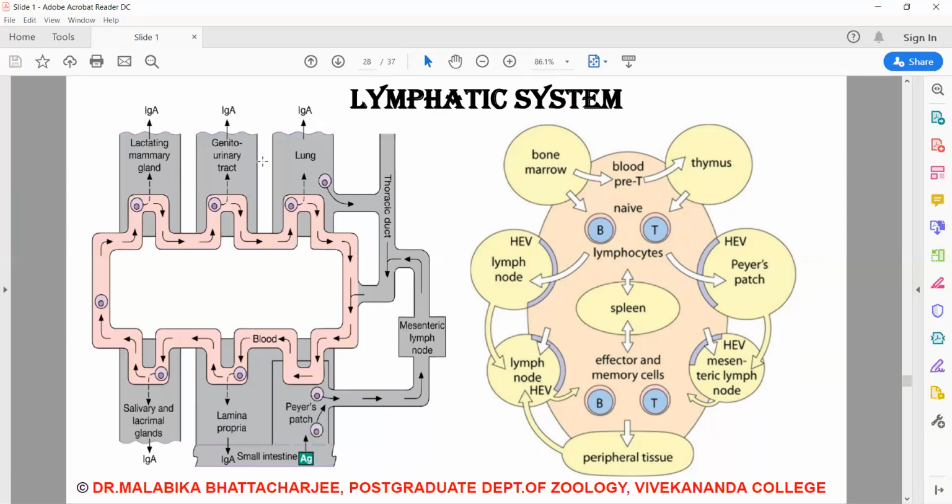So this is how the lymphocytes circulate between the lymphatics and the blood, and thus they are exposed to all kinds of antigens in the process.